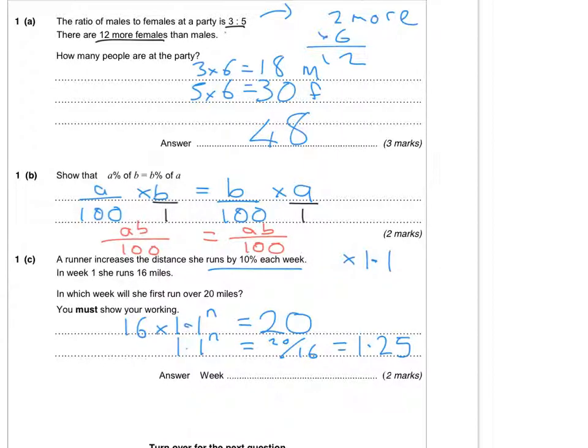I don't know a good way to solve that, so I will deal with that using trial and improvement on my calculator. 1.1 to the power of 3 equals 1.331. I know that 1.1 squared equals 1.21. So it will be in week 3 that she first runs over 20 miles.